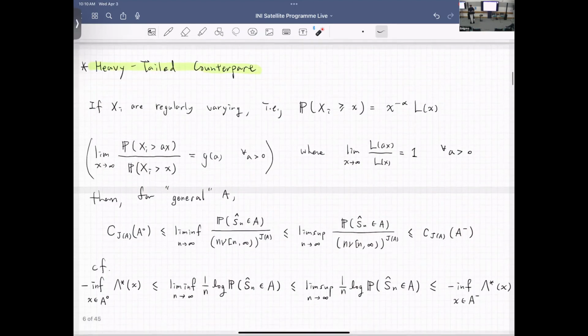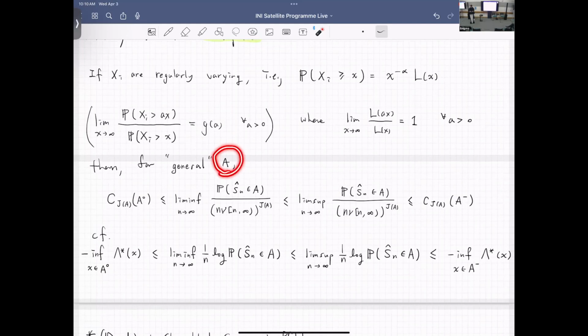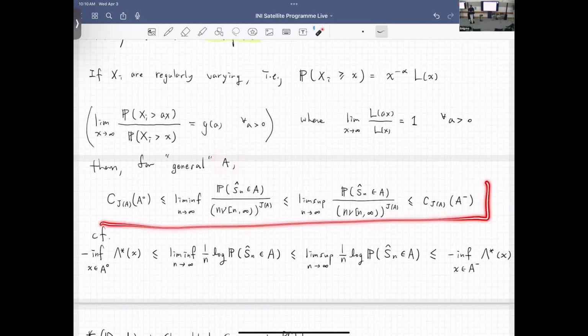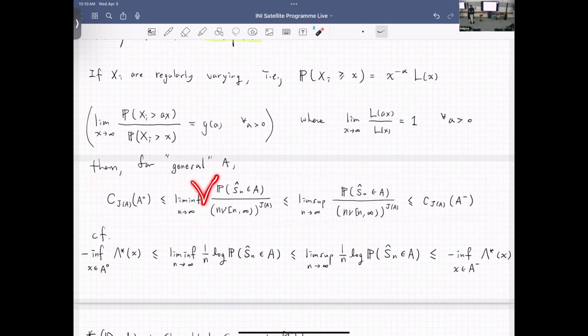So for some general set A, we can have similar upper and lower bounds. And here, though, we don't have a log. So it's again precise asymptotics, just like the Mogul-Skip theorem. And the lower and upper bounds have to do with the interior and the closure.